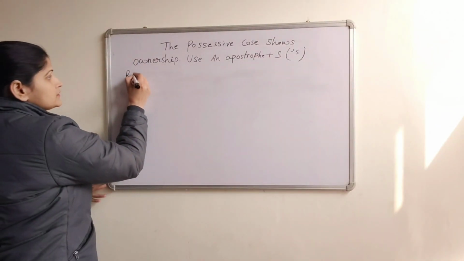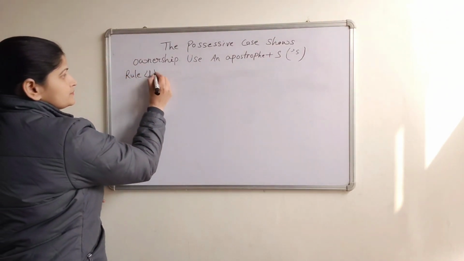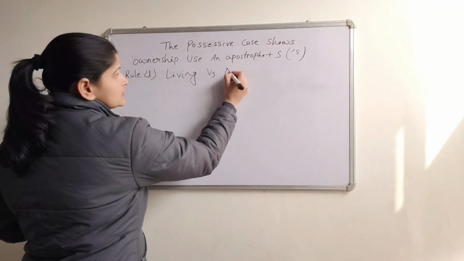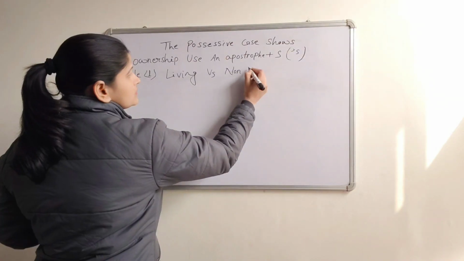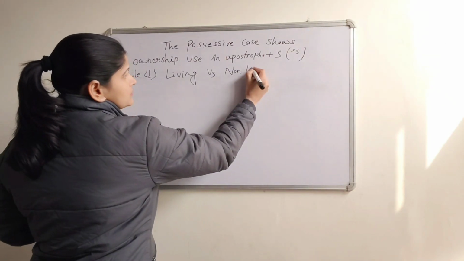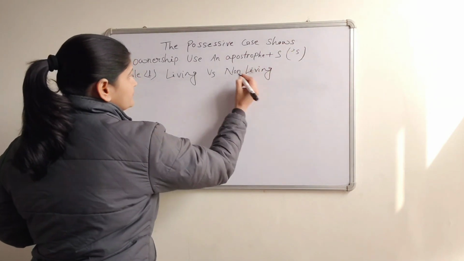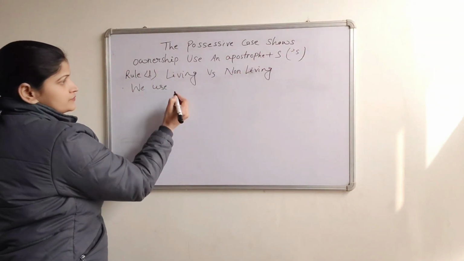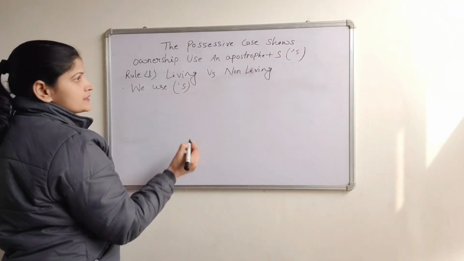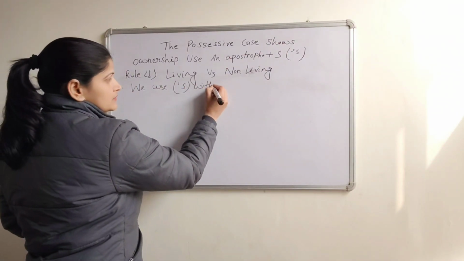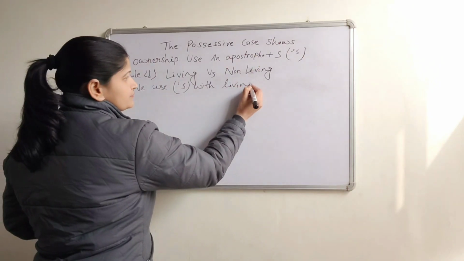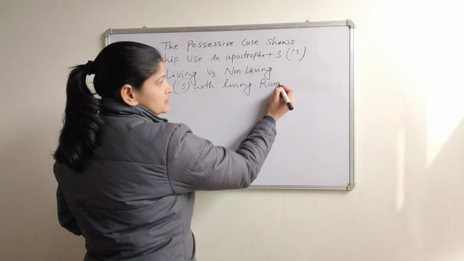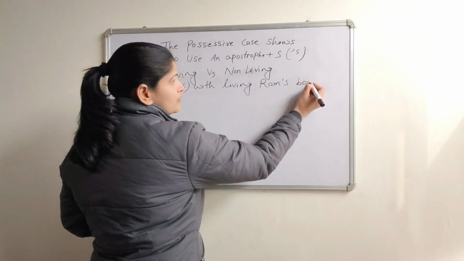Rule number 1: living versus non-living. We use apostrophe s with living. For example, Ram's book.